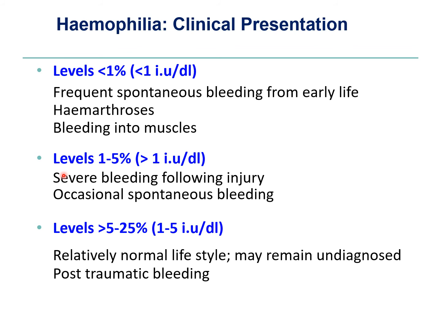Levels 1 to 5%, there is severe bleeding following injury and occasional spontaneous bleeding. However, if the affected individual has factor 8 levels between 5 to 25%, they can lead a relatively normal lifestyle and may remain undiagnosed. The major concern is post-traumatic bleeding. So not all hemophilics have the same severity of disease. That's what you need to understand, and it depends on the magnitude of factor 8 deficiency.